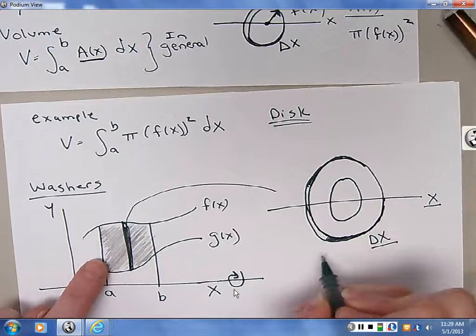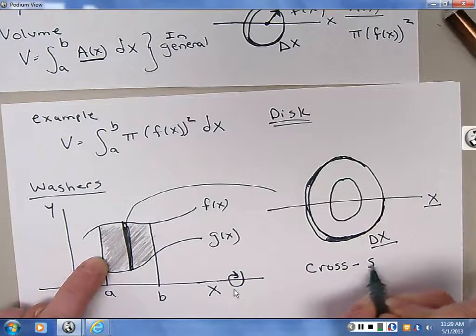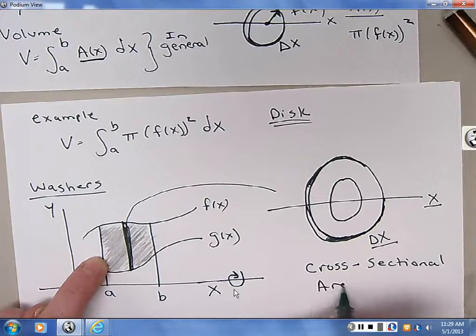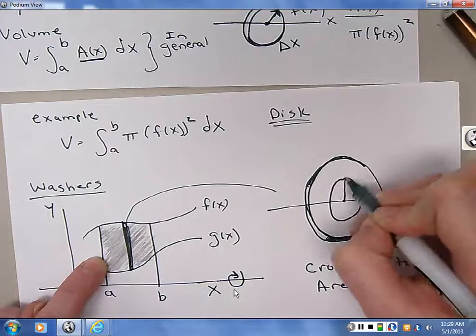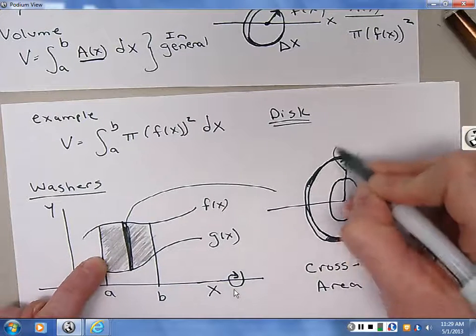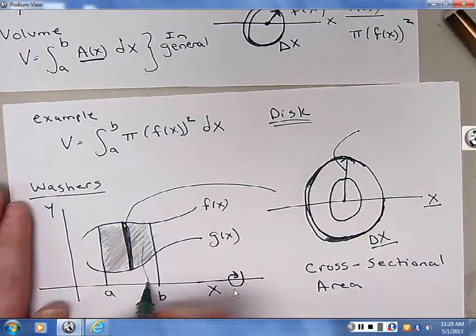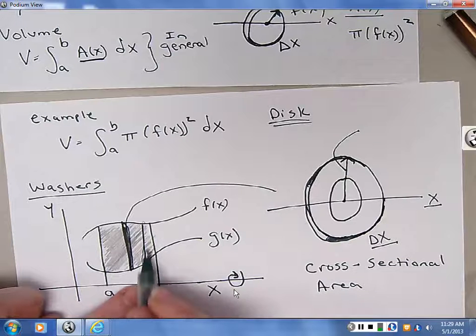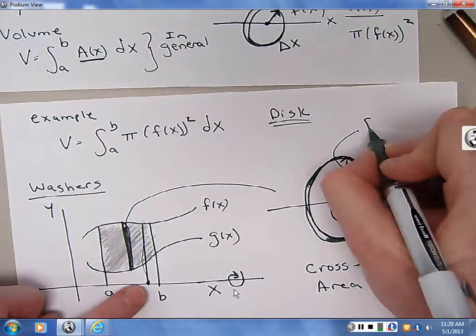So what is going to be the cross-sectional area of this shape? Yeah, the big one minus the middle. Yeah, exactly. So what is the radius from the axis of rotation to the outsidemost function? It's going to be this distance, right? How would I write this distance from the axis of rotation? It's just f of x, right?